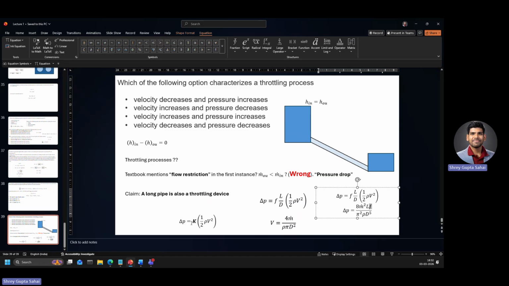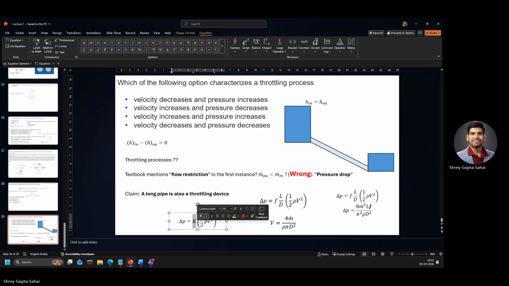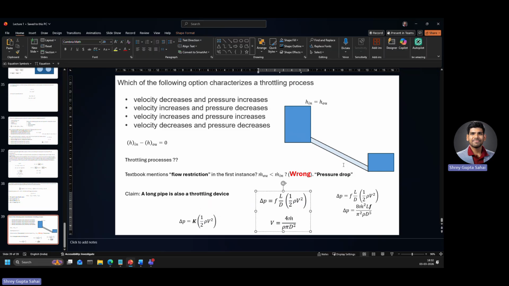Only for valves can you regulate this K. For a pipe you cannot regulate, right? You can't control the surface roughness of the pipe. Once the pipe has been manufactured, that pipe is there. You can't play with it or regulate the flow in the pipe.